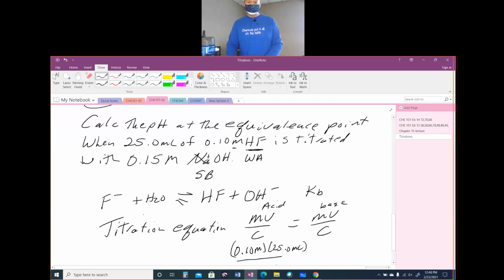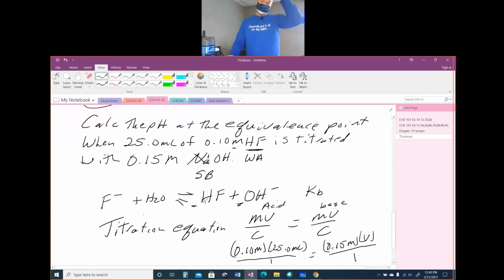The coefficient, we wrote the Kb reaction, the coefficient for our HF is 1. The molarity of the base was listed as 0.15 molar. The volume of the base, well, we don't know. That is the question. We are at the equivalence point. So what volume was required to reach the equivalence point? And then your coefficient for your NaOH, also a 1.